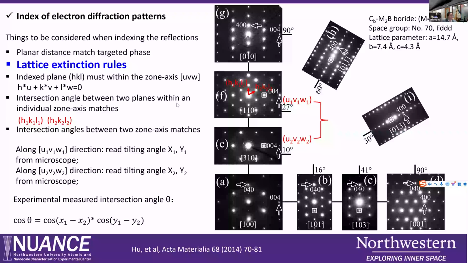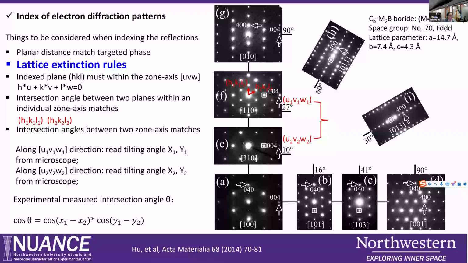That means it's wrong. Another thing you need to consider is the intersection angle between two planes within an individual zone axis. What does this mean? See F in the image. I indicate two spots, H1 K1 L1 and H2 K2 L2. These are two planes.